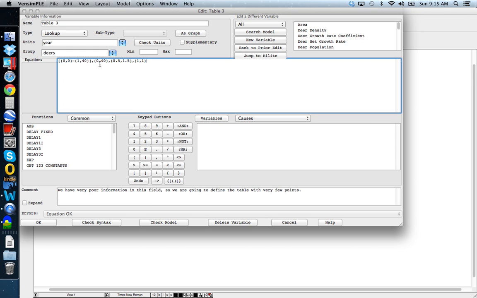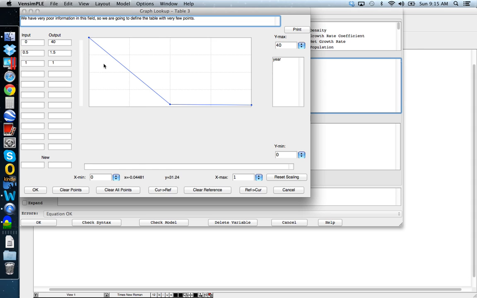So this table 3, again, I'll go back to the graph. It's a lookup variable. I'll look at this table backwards. If the ratio between the food available and the total food capacity of the reserve is 1, then it takes a year for food to get regenerated.